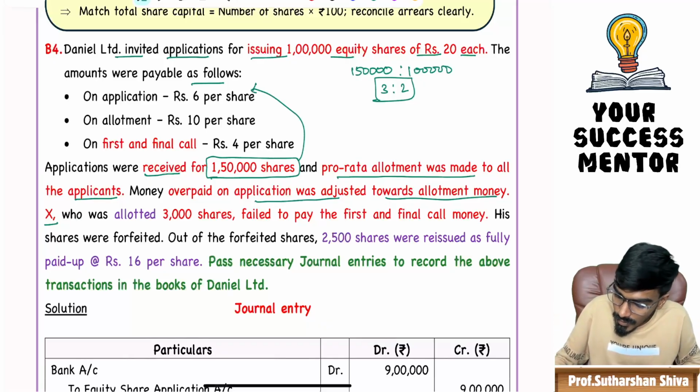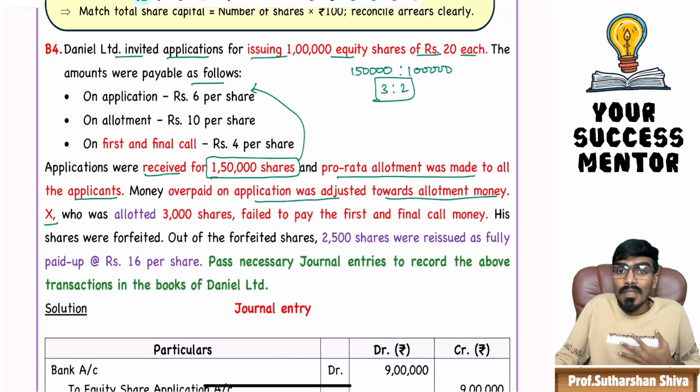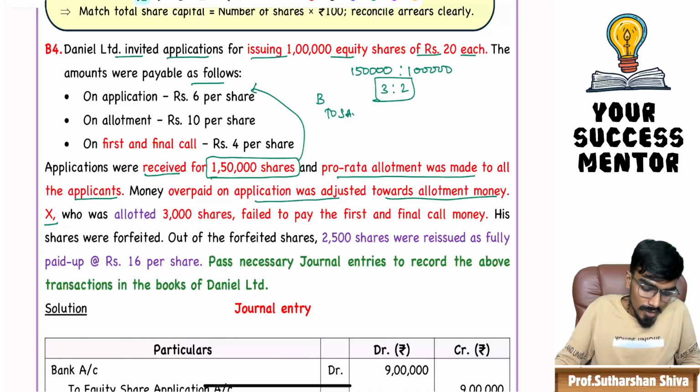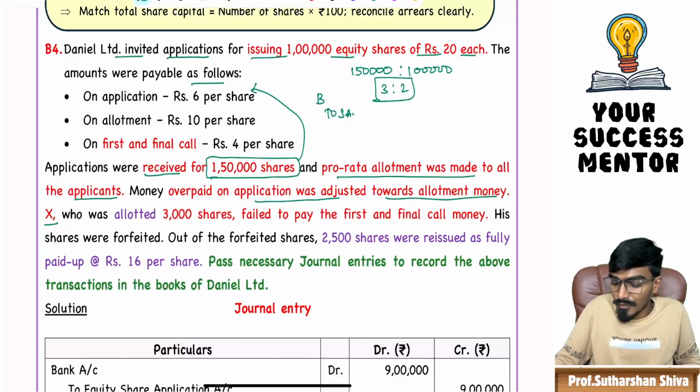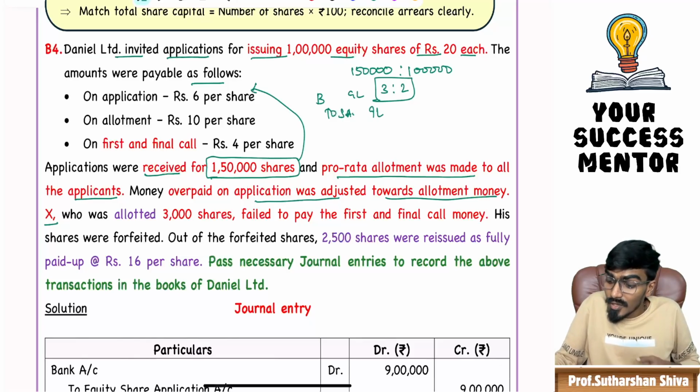Now come to the picture. The pro rata allotment was made, and there is excess money. First journal entry we need to pass is bank to share application, for 1,50,000 into 6, which gives you 9 lakh. Then reverse the 9 lakh from share application.